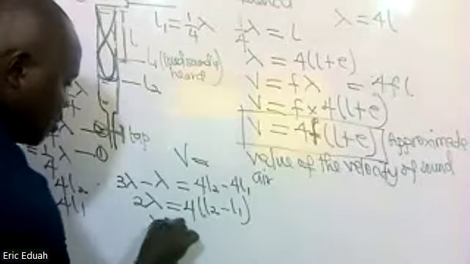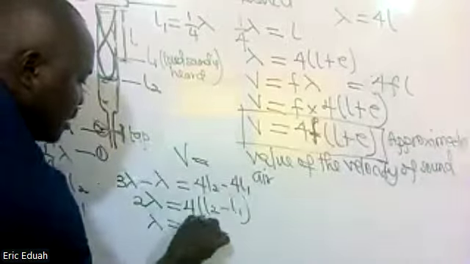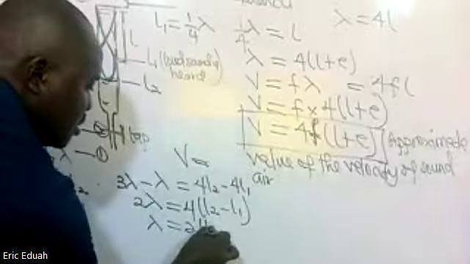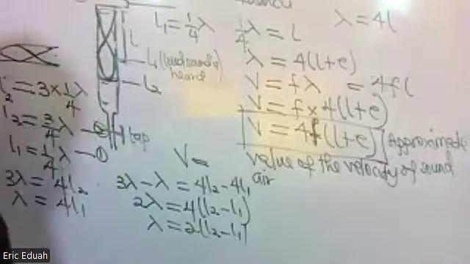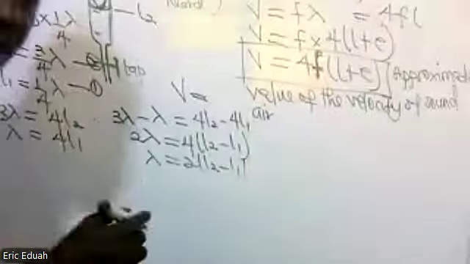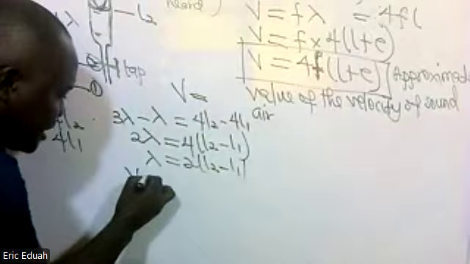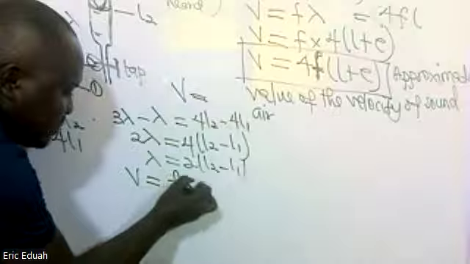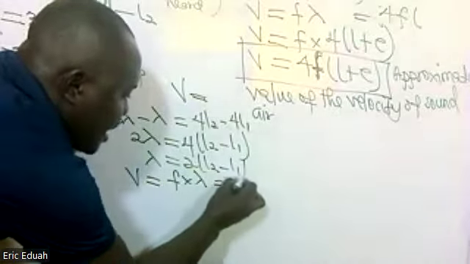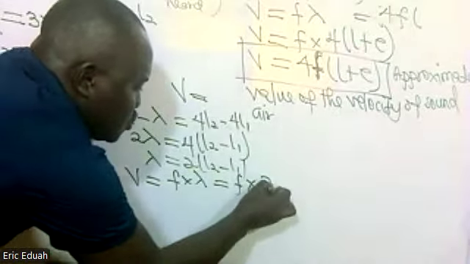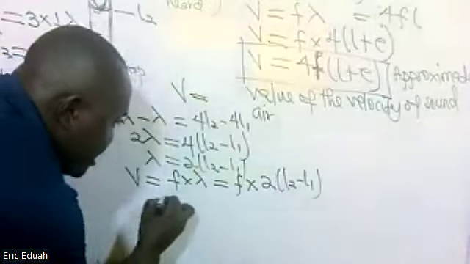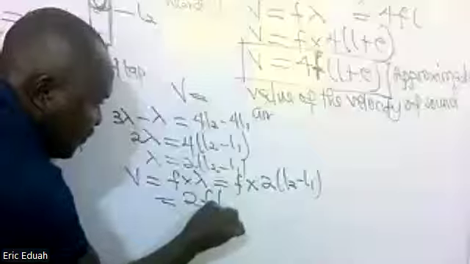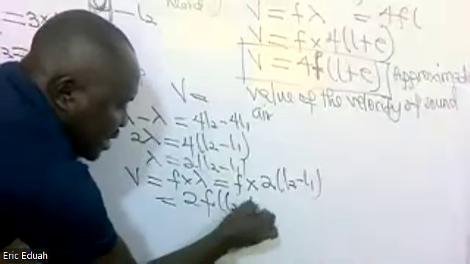This is equal to 2 into bracket (L2 minus L1). So the velocity of sound in air V, which is equal to F times lambda, is equal to F times 2(L2 minus L1), that is 2F(L2 minus L1).